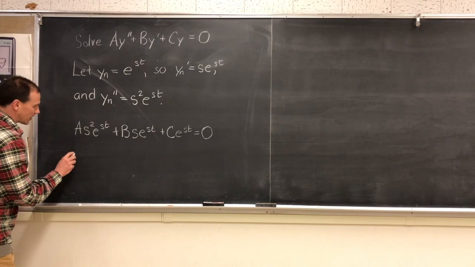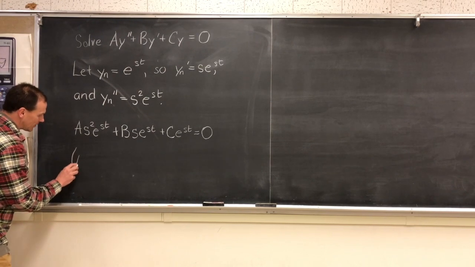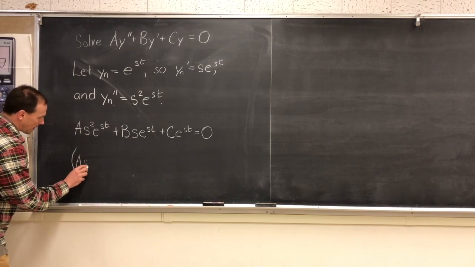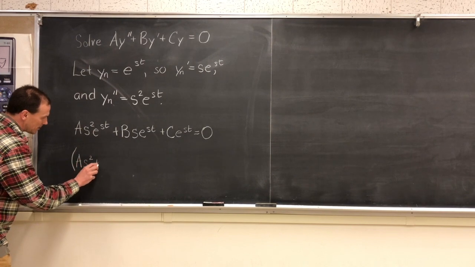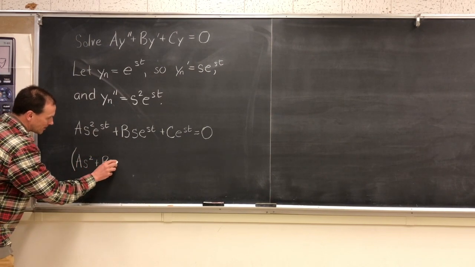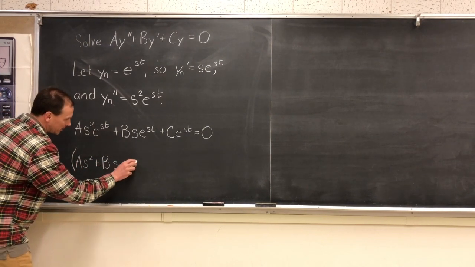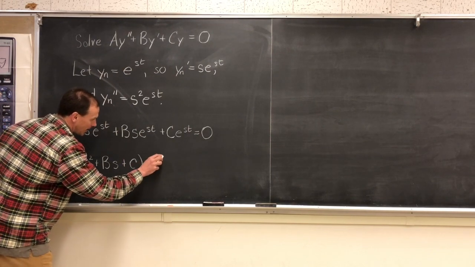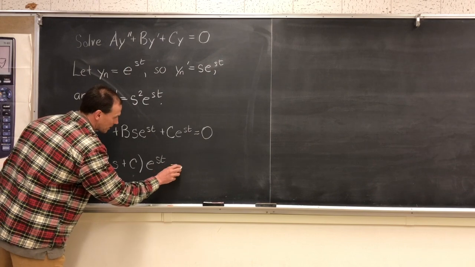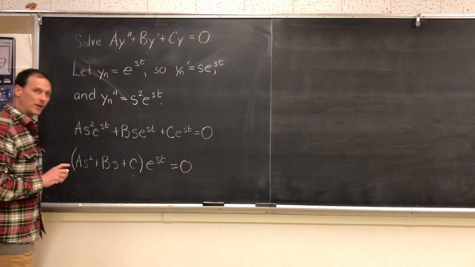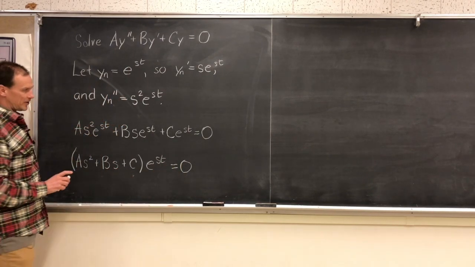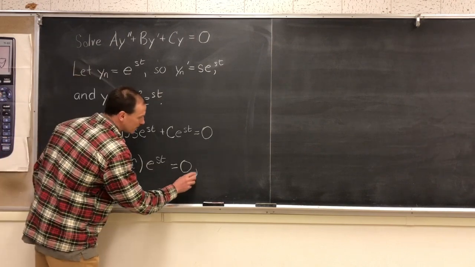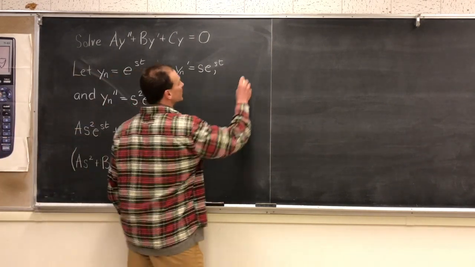We factored out an e to the st, and this gave us a s squared plus b times s plus c, times e to the st, equals 0.